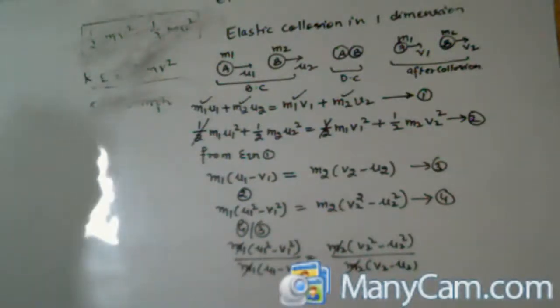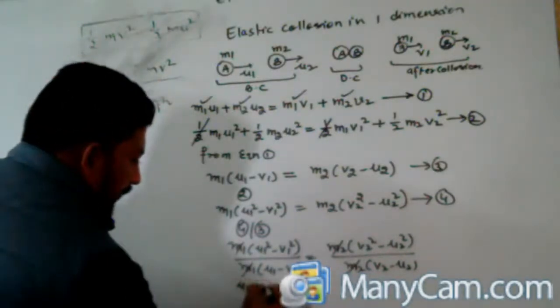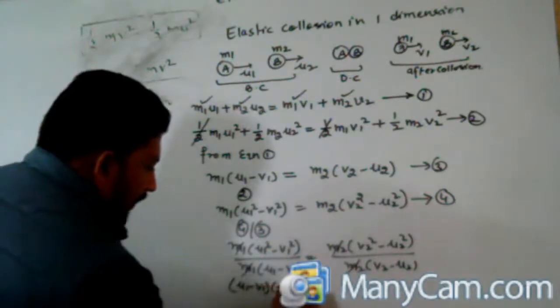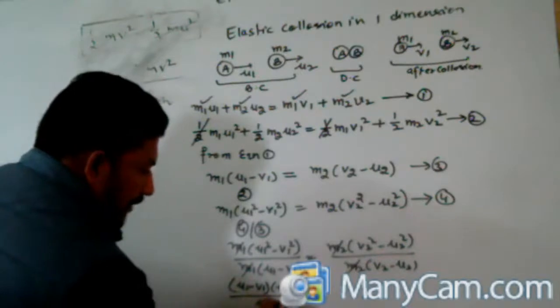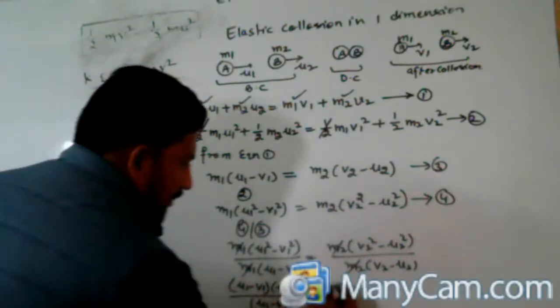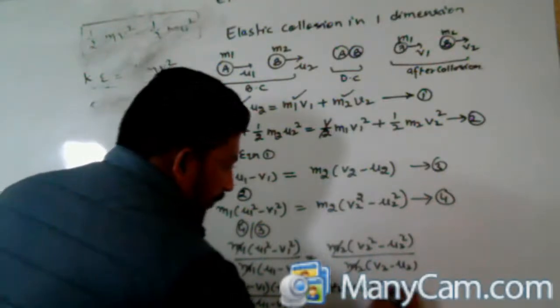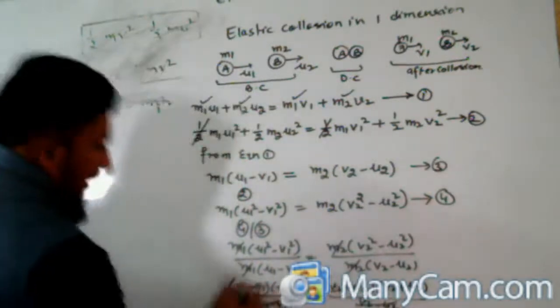So in this equation, you can solve: u1 plus v1 divided by u1 minus v1, and on the right side (v2 minus u2) into (v2 plus u2) divided by (v2 minus u2). Now this can be cancelled out.